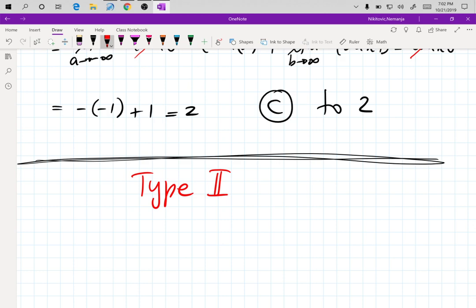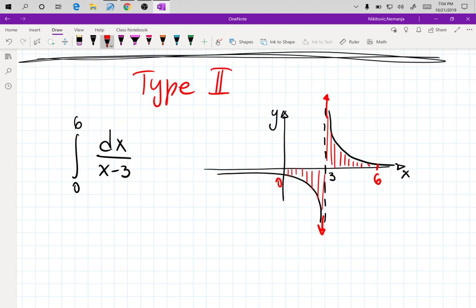And it's clear that this area has a problem at the asymptote, because it is going to leak this way and it's going to leak that way. Now, what we learned from type 1 is that not all of these when the area leaks are infinite. Some of them are finite, some of them are infinite. It will depend on the calculation to show what's going on.